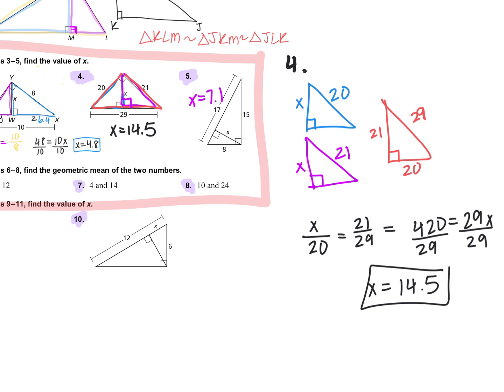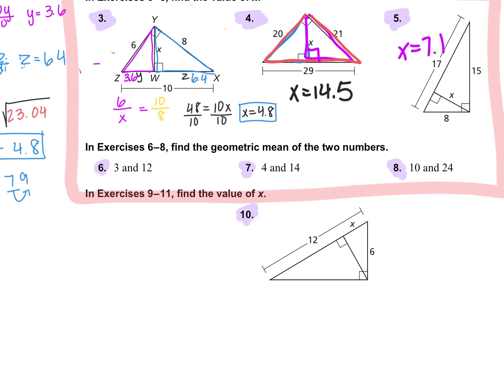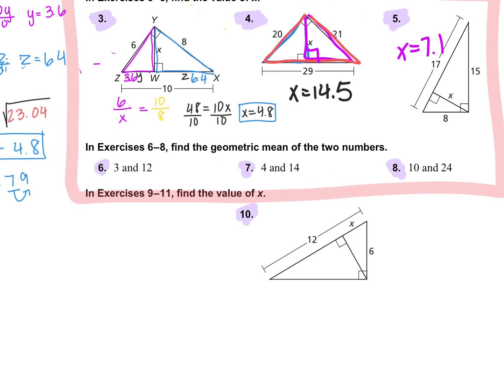All right, geometric mean is pretty easy. You will have a question that says, find the geometric mean of the two numbers. We should know geometric mean by the notes. These are not difficult. Here's number 6. For geometric mean, you're setting it up as x equals, or your geometric mean equals, radical 3 times the square root of 12.